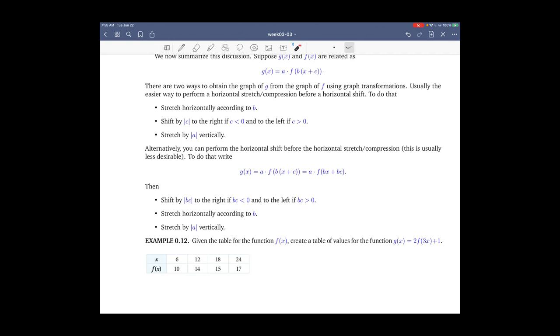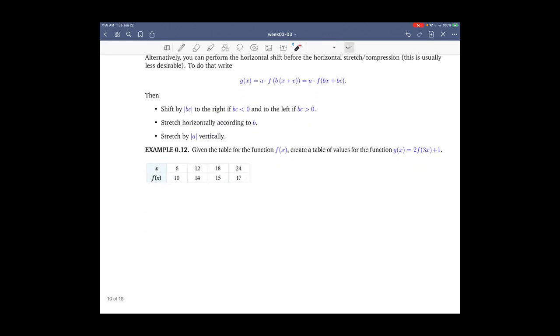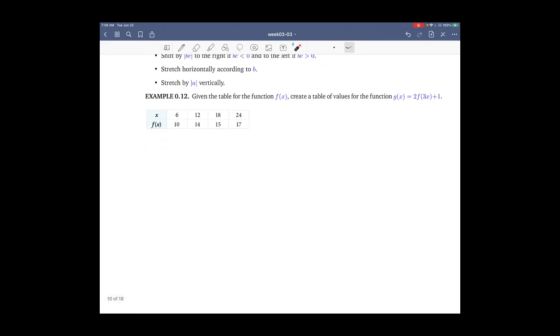Here is one example with the table. Function f is given by a table, and we need to construct the function 2 times f of 3x plus 1. Let us do it step by step. So when we produce f of 3x, we are simply either slowing down or speeding up our function f.